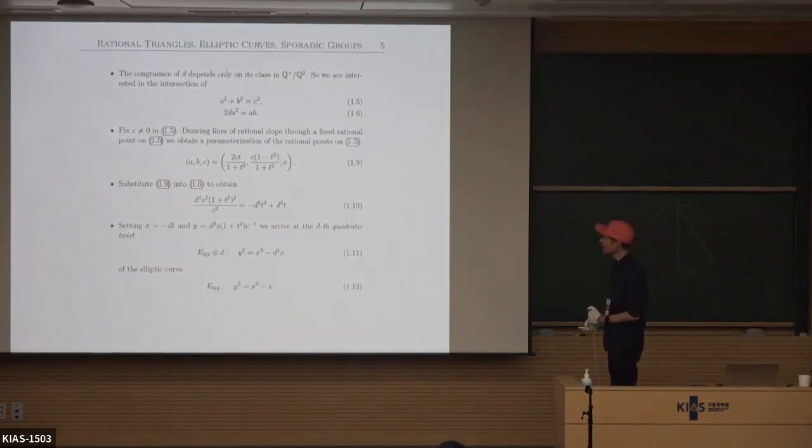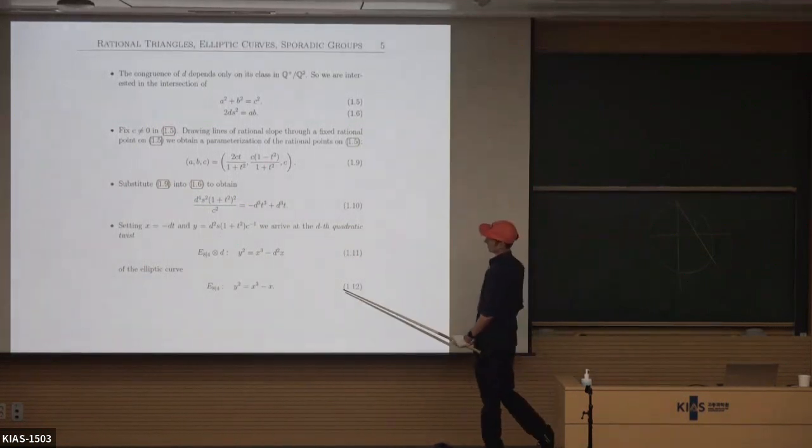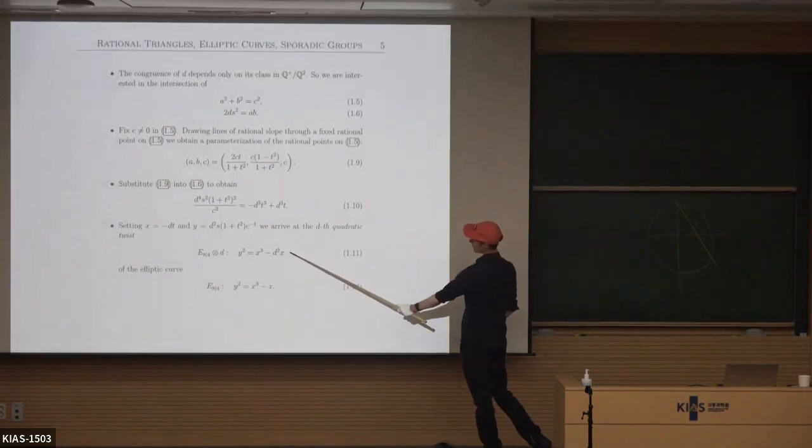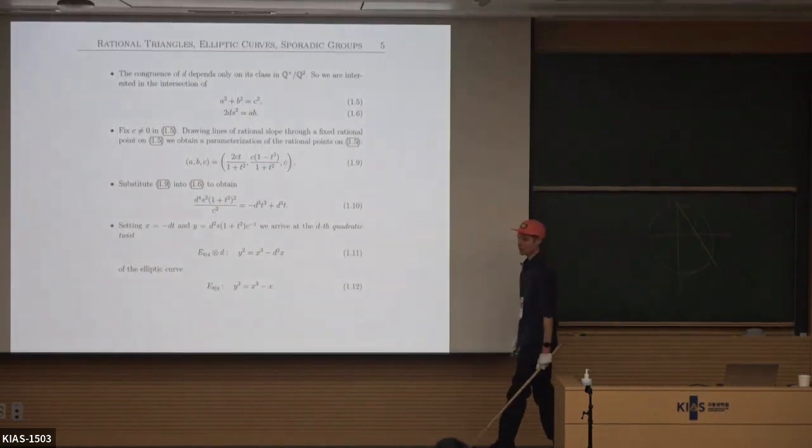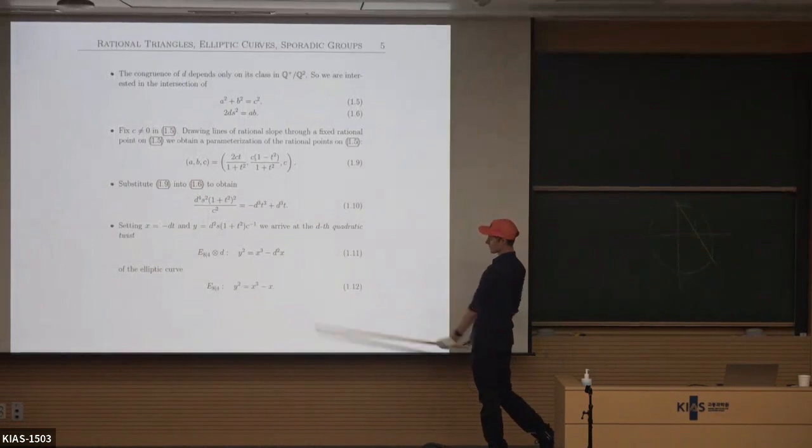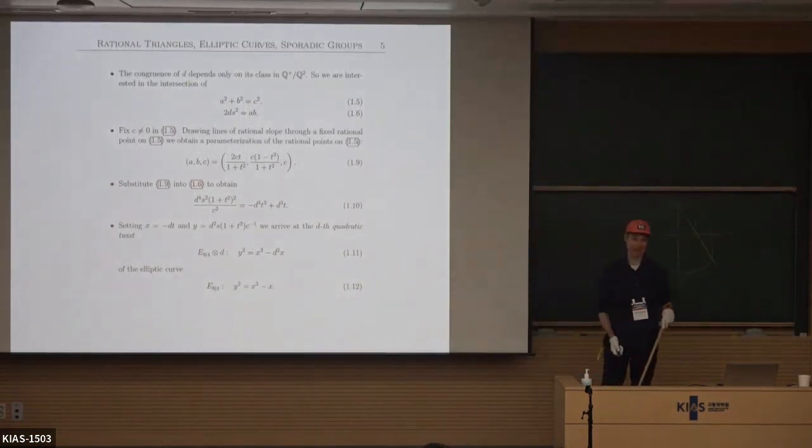And so what we've found is that if d is a congruent number, then there's some rational point on this curve, some rational numbers x, y that solve this equation that witnesses that.